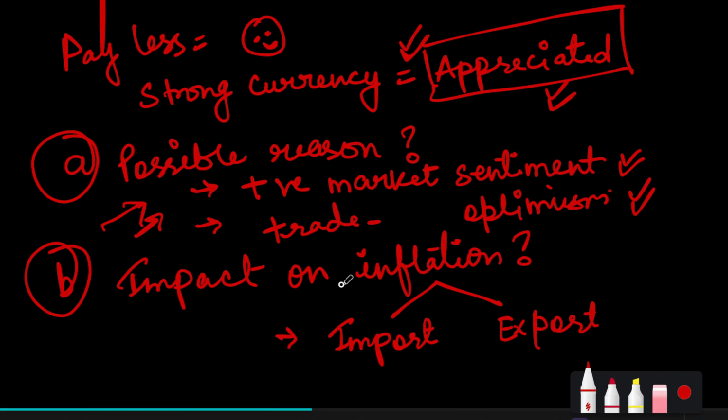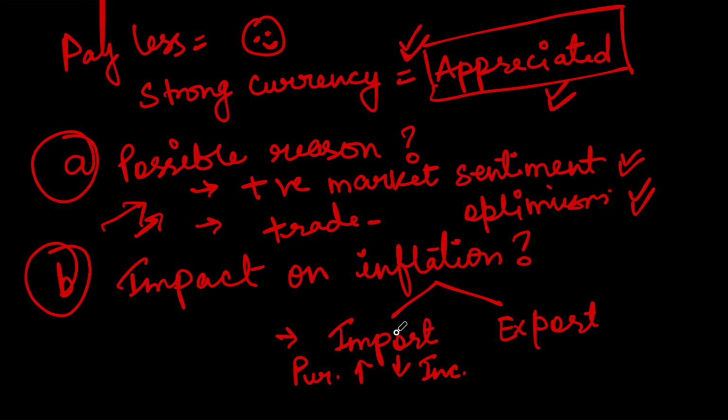Now with the help of the example of mug, we have seen that now we can purchase more, which means imports will increase. Because now our money has become stronger, it can buy more goods and services. We have to pay a lesser amount of INR in terms of any other currency, here that is dollar.